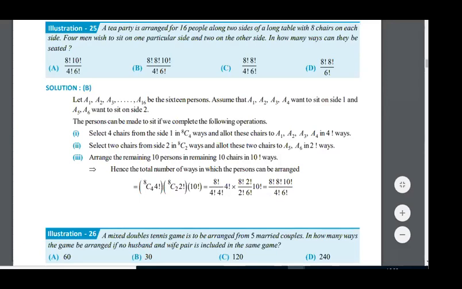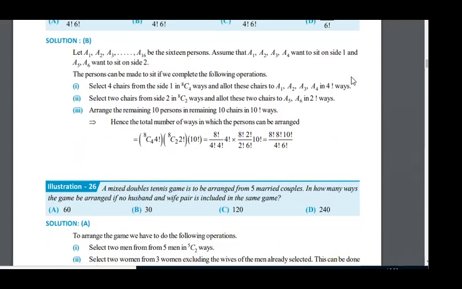So see question number 26. 5 married couples means you have 5 male and 5 female. Got it? Yes or no? And it is mixed double tennis. So you have to select 2 men and 2 women, out of 5 women and 5 men.